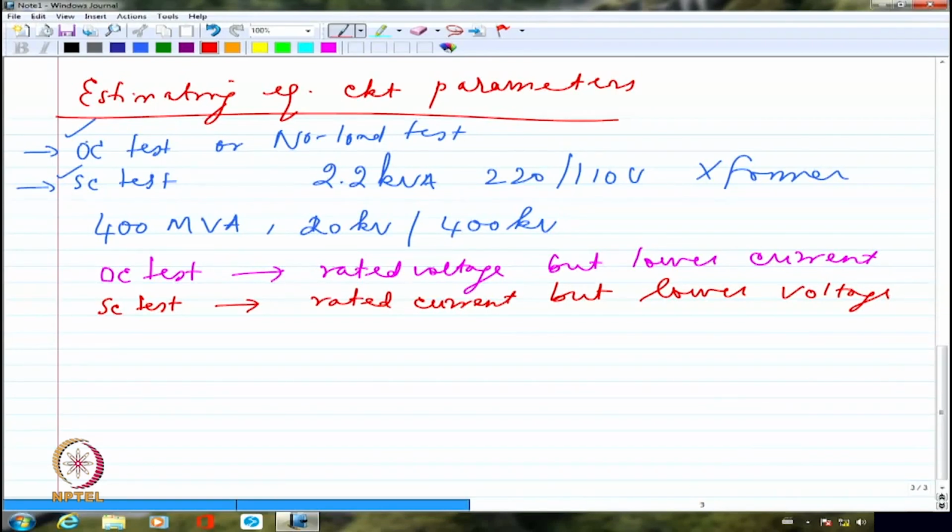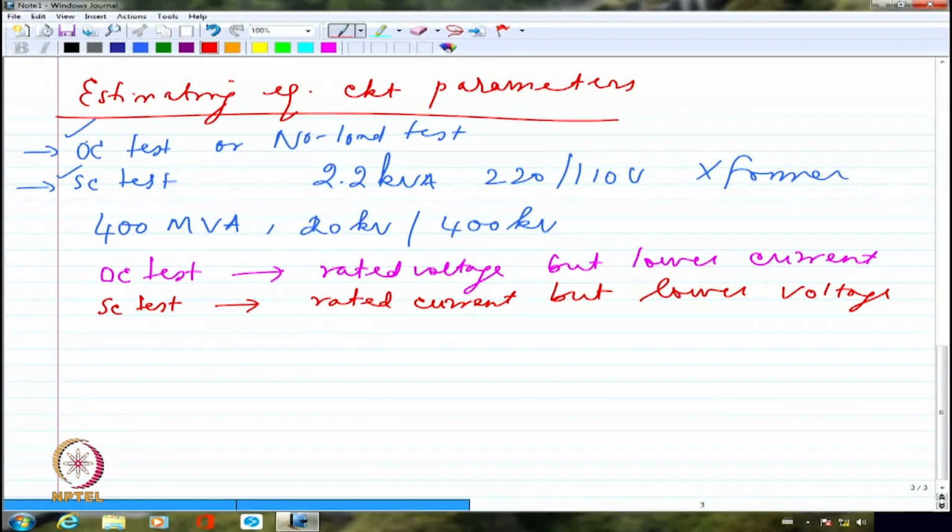We use V1, because E1 is internal to the transformer, which we cannot measure. And after all, the difference between V1 and E1 is not too much. That's the reason; we always go by engineering approximation. If we subject it to 220 volts on the primary side or 110 volts on the secondary side, I call that rated voltage.